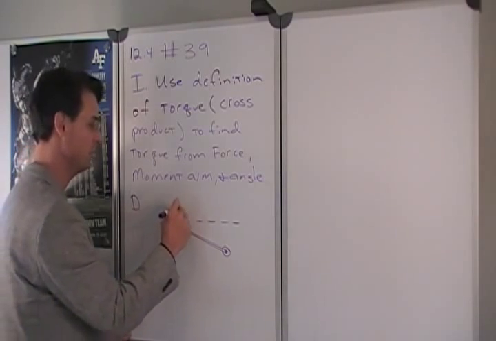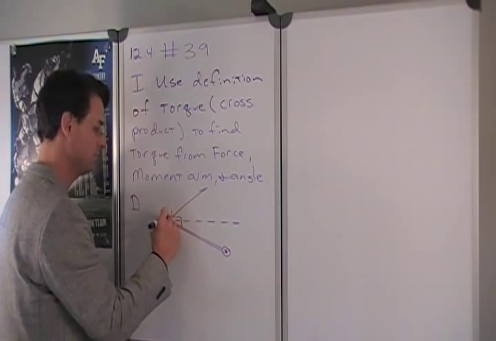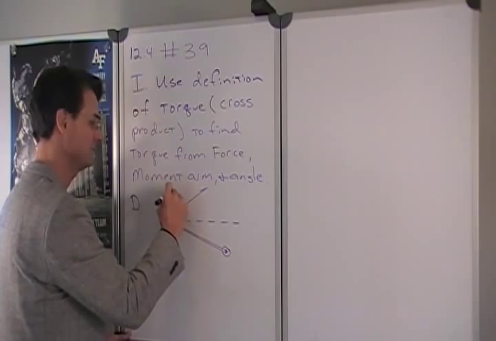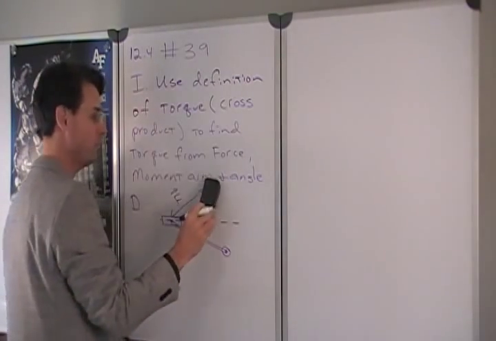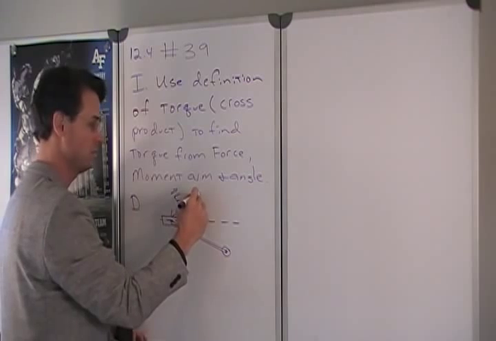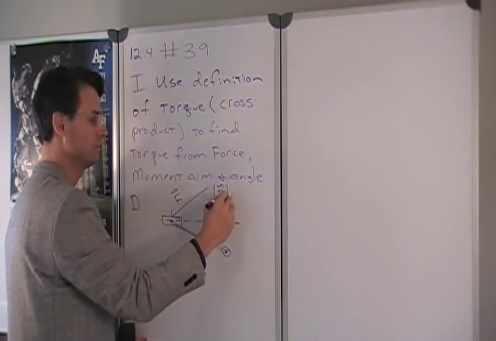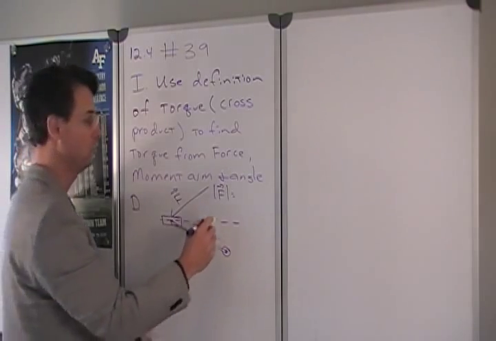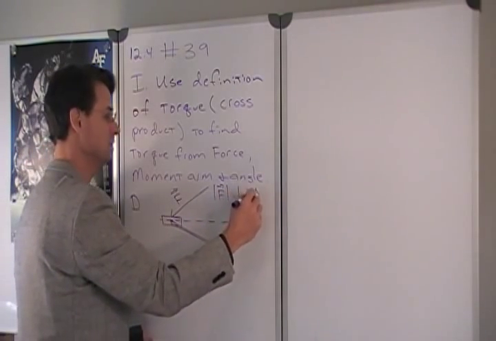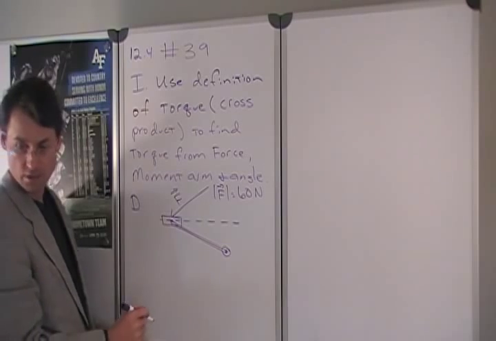The force is applied this way, we're applying a force to the pedal, and the magnitude of the force is equal to 60 newtons, and we're given a couple of angles.